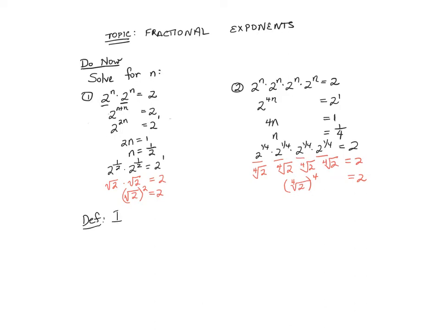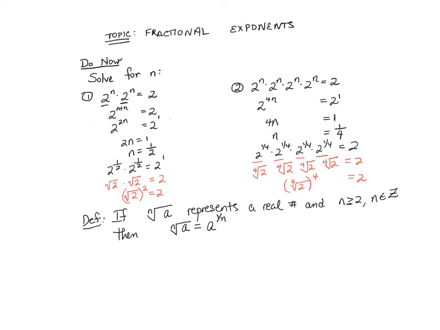If the nth root of a represents a real number, and the index n is greater than or equal to 2, and n is an integer, then we define the nth root of a to equal a to the 1 over n. And that introduces the definition of a rational exponent.